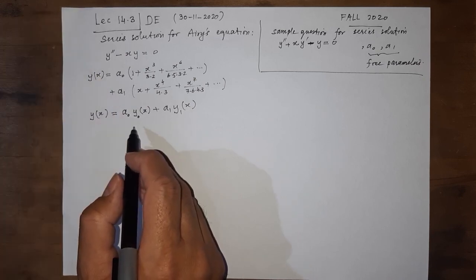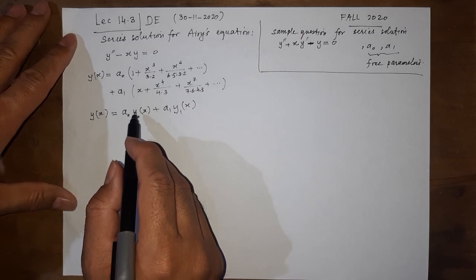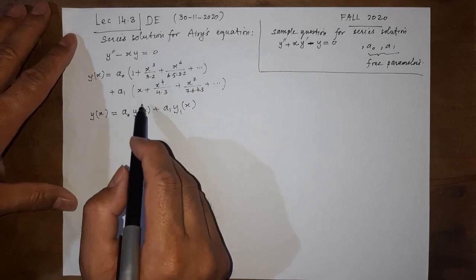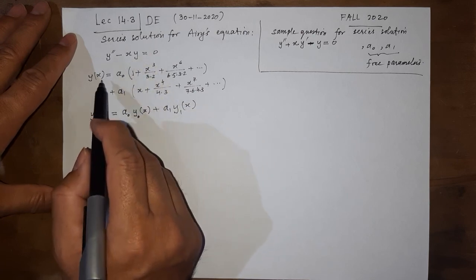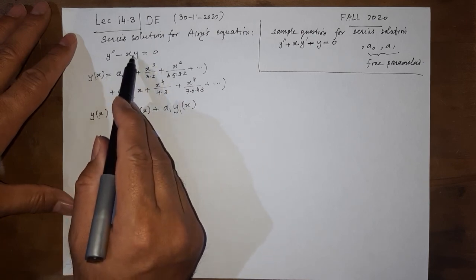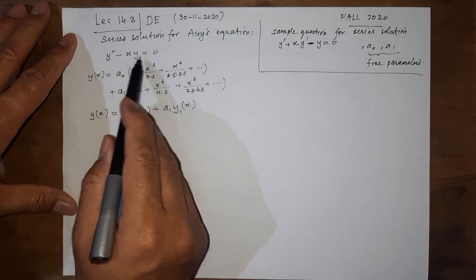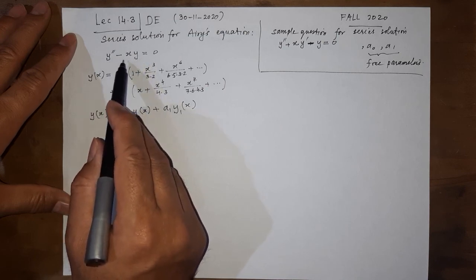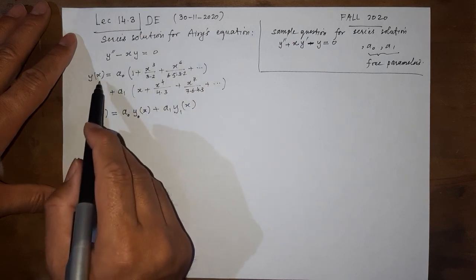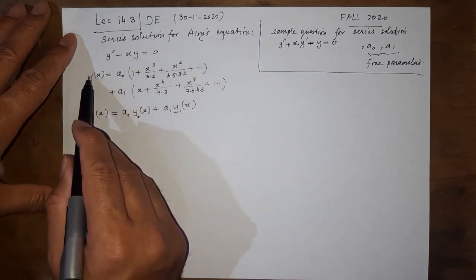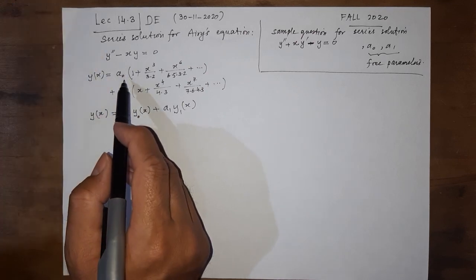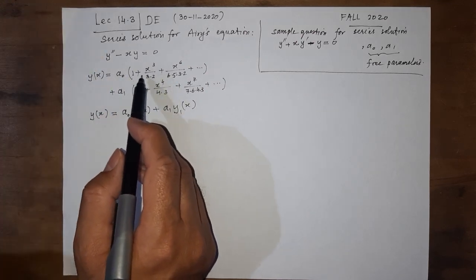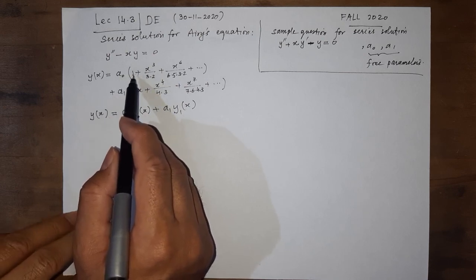One thing you should look at is that if we have the original differential equation with initial conditions such that y of 0 is found, then x equal to 0 is put, and we get a naught here.